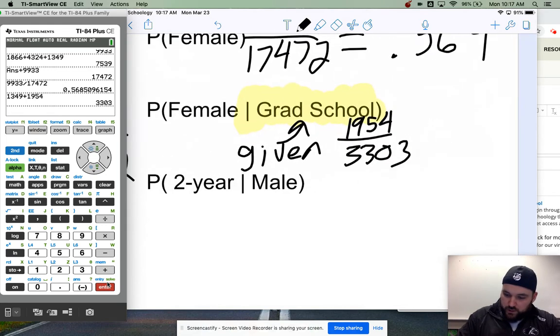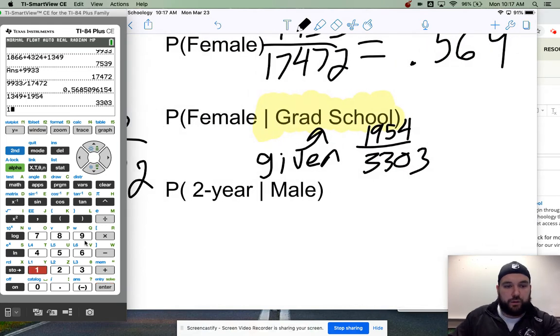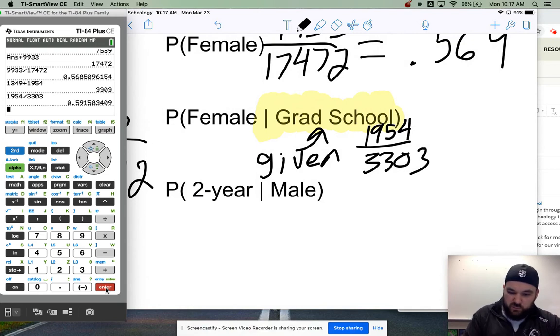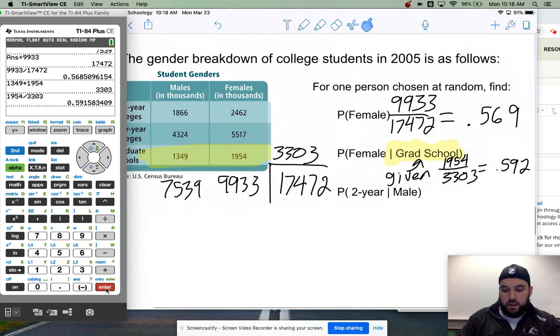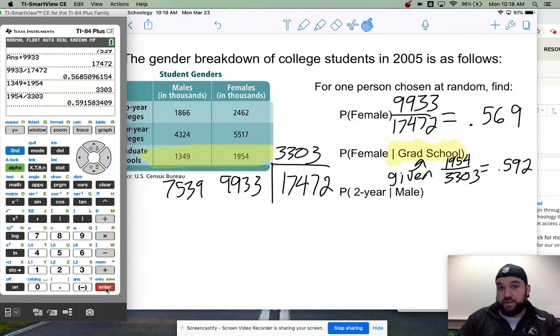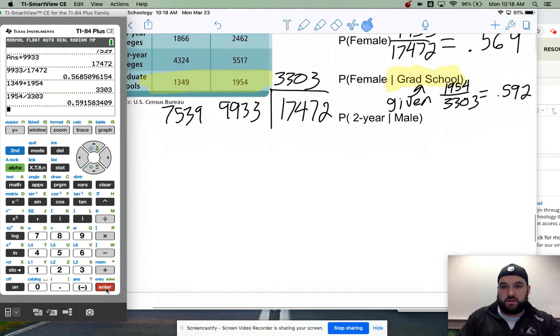So I have 1954 out of 3303, which is 0.591, 0.592. So you see that the probability of picking a female goes up slightly if you narrow it down to just grad school. So 59.2% chance that you choose a female if you are looking just at grad school.